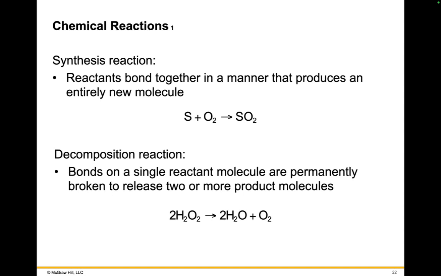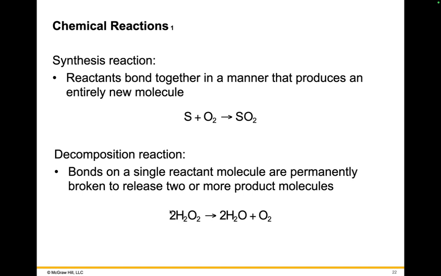In decomposition reactions, we're actually going the opposite way. These are when bonds on a single reactant molecule are permanently broken into smaller, less complex molecules. And so we have two hydrogen peroxides, two H2O2s, and those bonds are being broken down into two water molecules and an oxygen molecule.